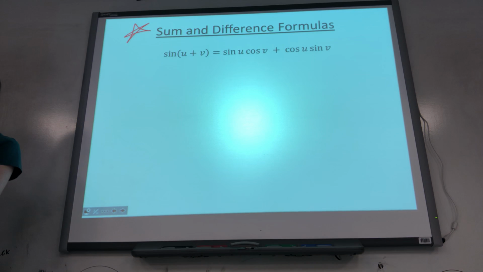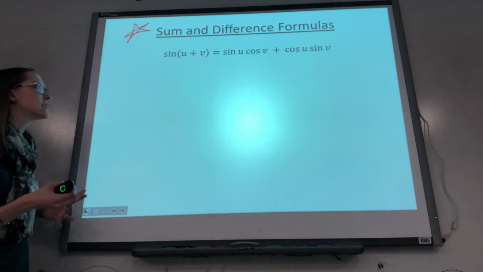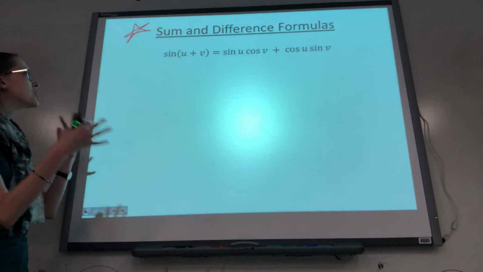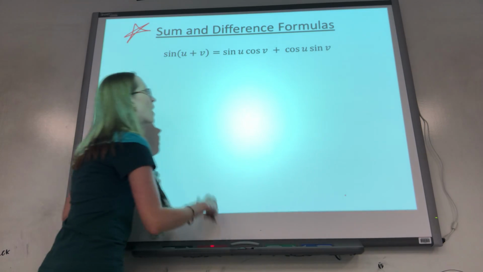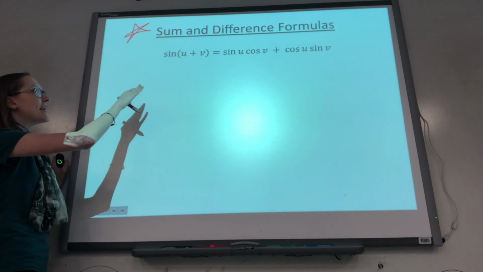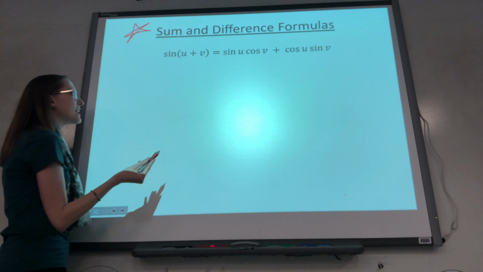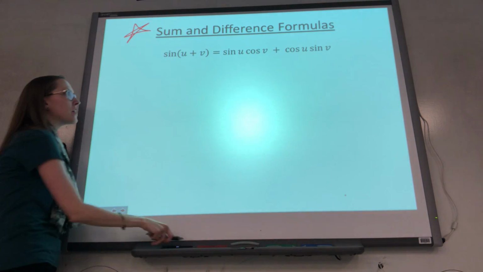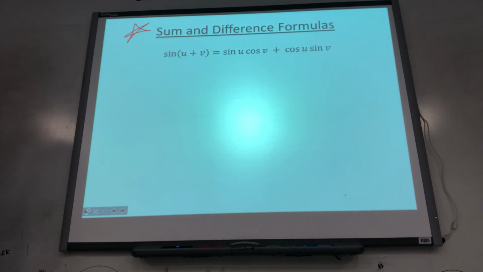Now, the u and the v in all of these formulas is just going to be angles, two different angles. They might be in radians, they might be in degrees, but there'll be two angles. Now, what I want to tell you right now, before I forget to do this later, is that trig functions work differently than variables.